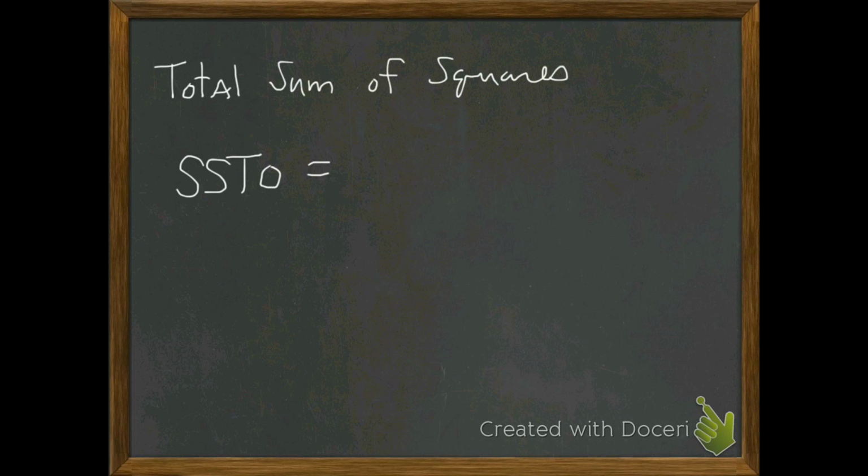And the sum of squares total is nothing more than the sum from i equals 1 to n of the variations that we see in y, quantity squared. Notice in this situation, x is not considered.